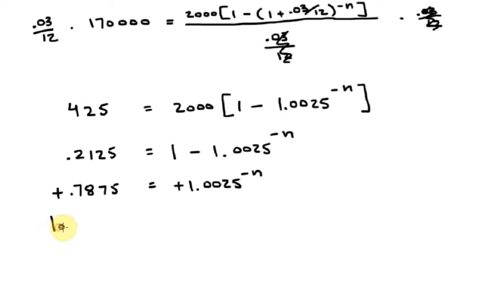That's what's going to bring that guy to the ground. So on this side, I have log of 0.7875, and I can now bring my exponent out in front of the logarithm, so it's negative n times log of 1.0025. All right, looking very hopeful.